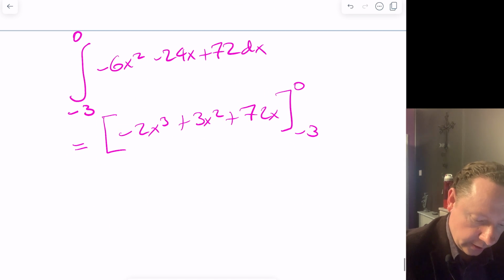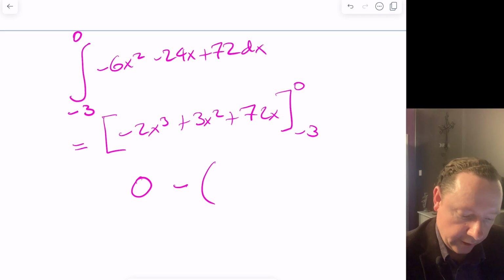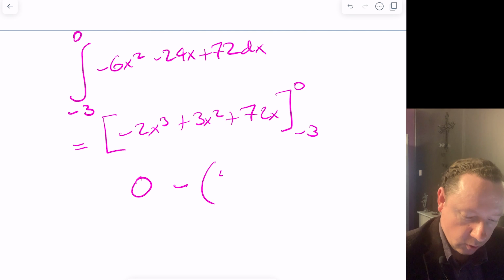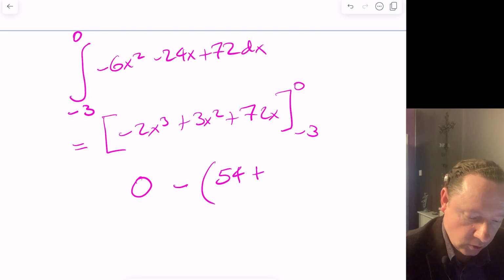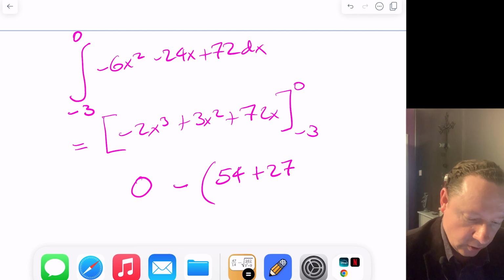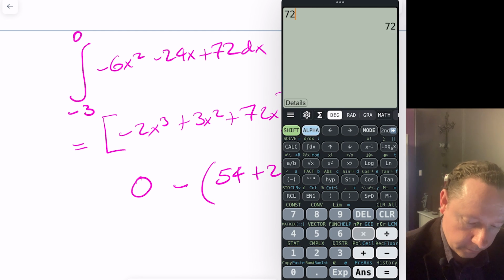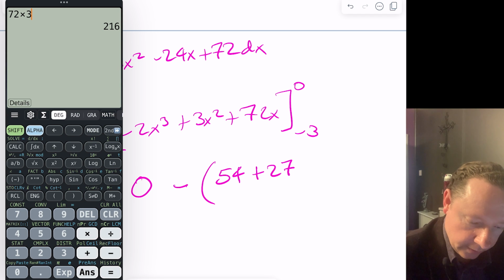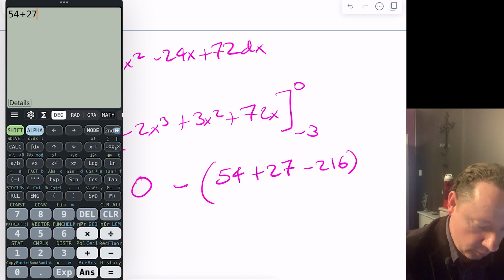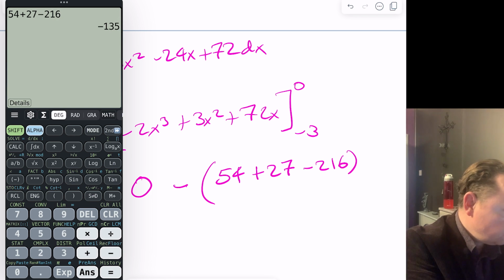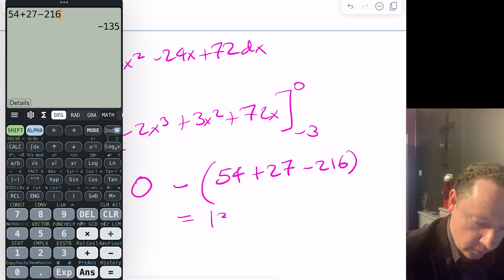So when you sub in 0, you get 0 minus, well, let me do this one. So minus 3 cubed, 3 3s are 9 times 3 is 27 times 2 is 54. 3 3s are 9 times 3 is 27. And 72 times 3 is 216. And that's going to be a minus. So that gives us 54 plus 27 minus 216 is 135. And it's minus minus, so that's positive 135.